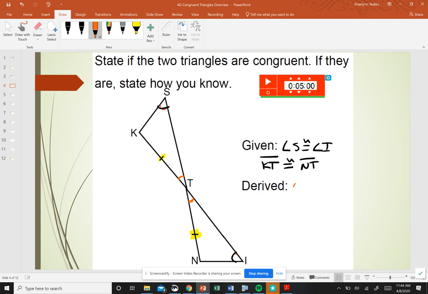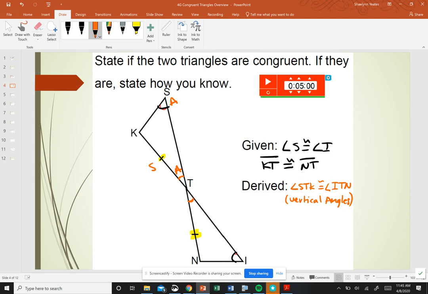So I can say that angle STK is congruent to angle ITN because these are vertical angles. All right, so we've got all of that going on. So I've got a side, an angle, and an angle.